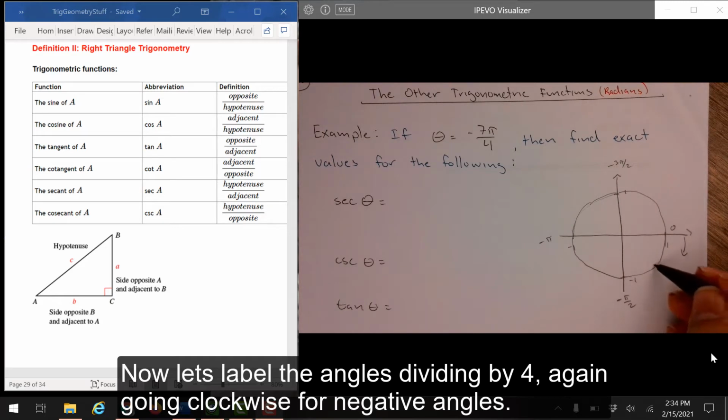Now let's label the angles dividing by 4. Again, going clockwise for negative angles.